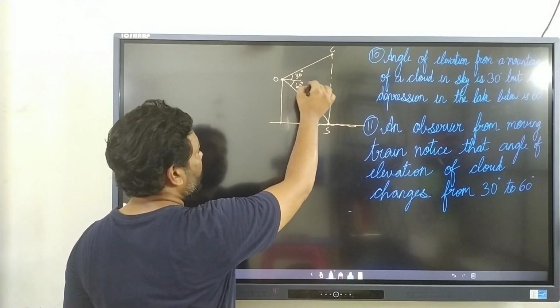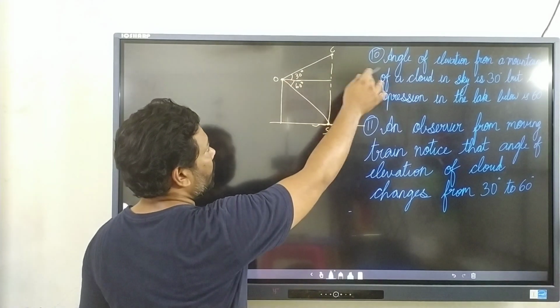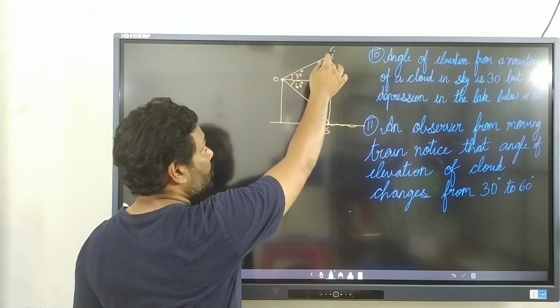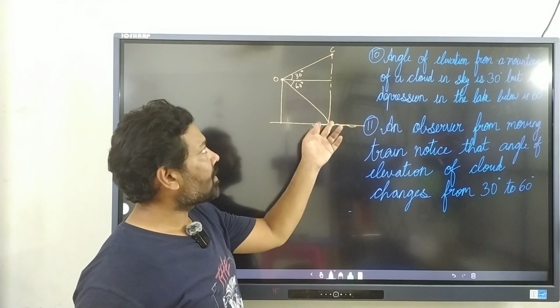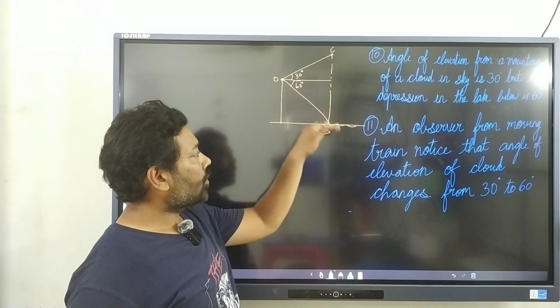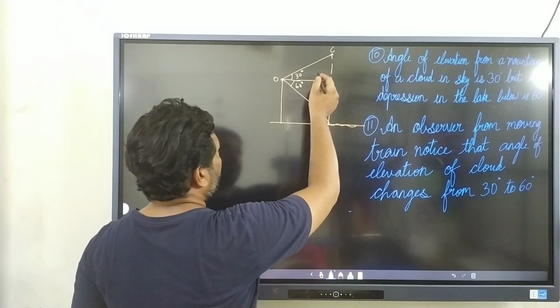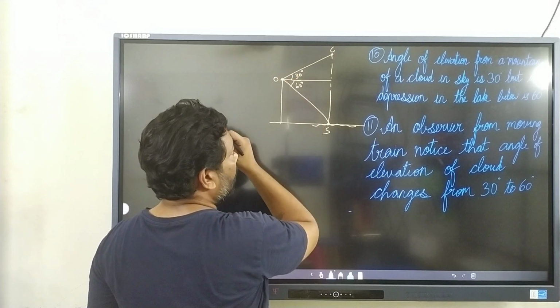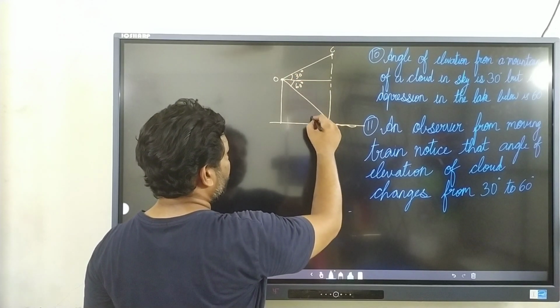So once again we here have right angle triangles, right? From the top of the mountain, the cloud's angle of elevation is 30 degree, and the depression of the cloud in the lake below. So for sure there must be some lake below the cloud, and its shadow falls into the lake and it is 60 degree. So here we can convert this 30 degree, which is the elevation, and 60 degree, which is the depression, we can convert it into elevation.